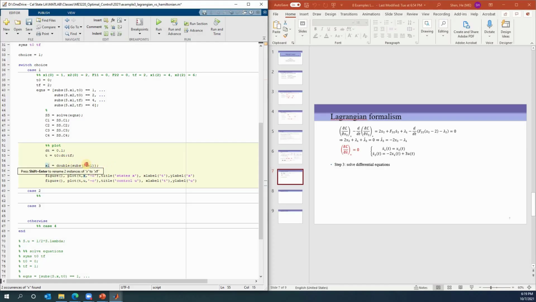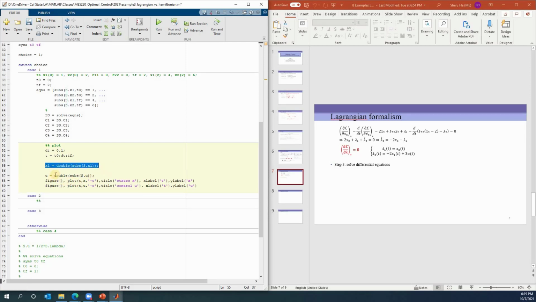x1 is equal to subs s dot x1, and x2 is equal to subs dot x2, and u that is equal to double subs s dot u. So that will give us the result, and we'll plot state x1.